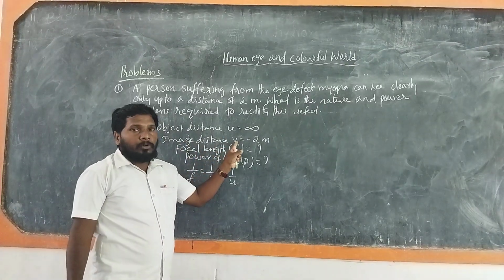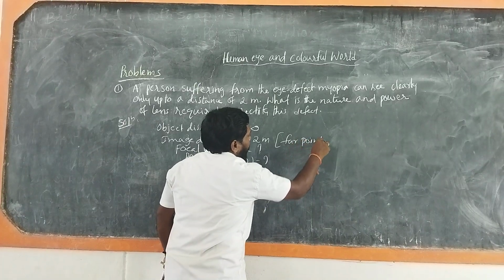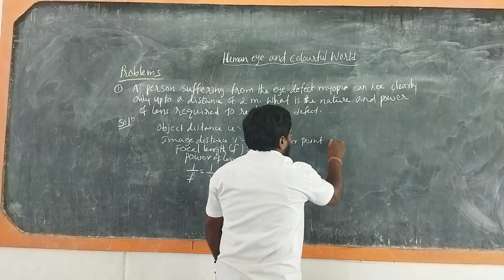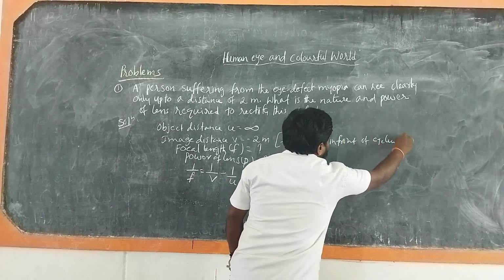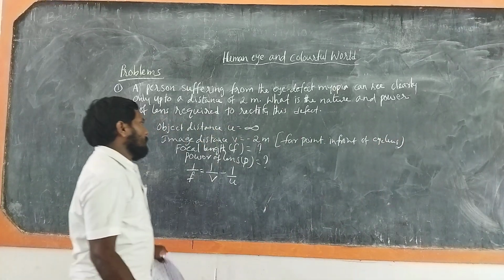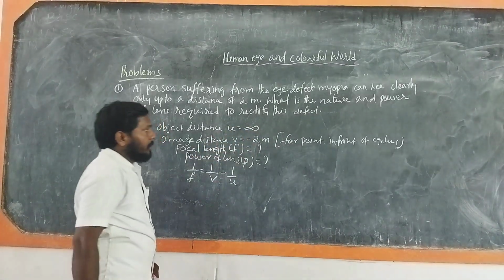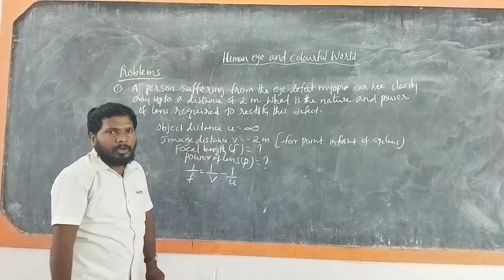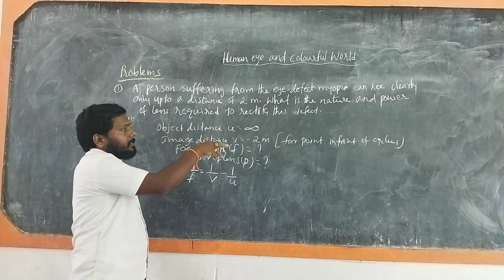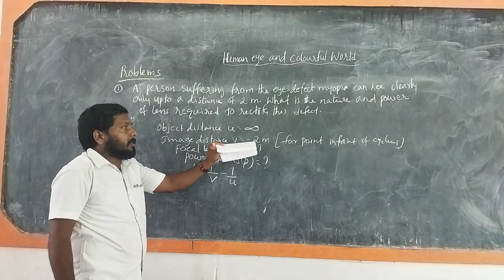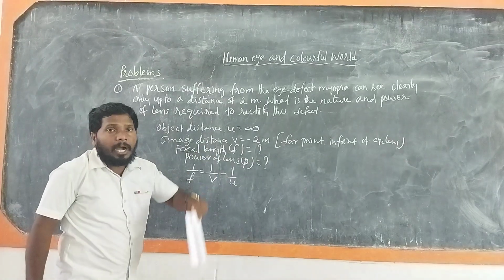Image distance v is equal to far point in front of the eye lens. So the image is formed at 2 meters when you place the object at infinity. The far point for this person is 2 meters, meaning able to see the object up to 2 meters only. After 2 meters the person is unable to see the objects.